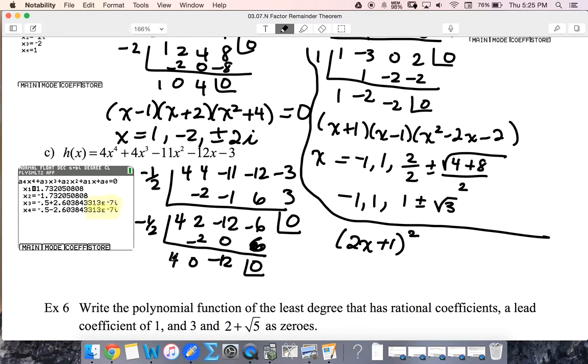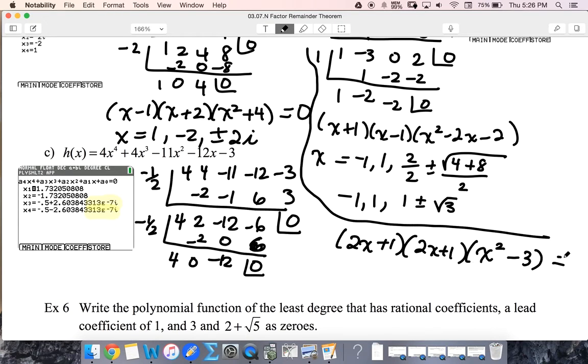Remember, since we've got the 2 here, this is actually 2x plus 1 times 2x plus 1. That's my 4x squared. I don't have the 4 here, so I'm going to divide all of this by the 4 and get my x squared minus 3.